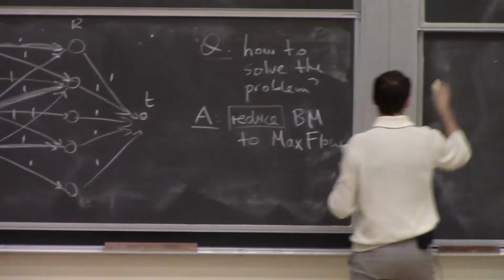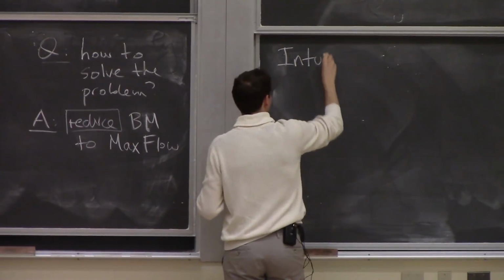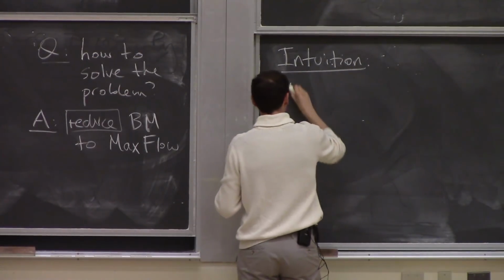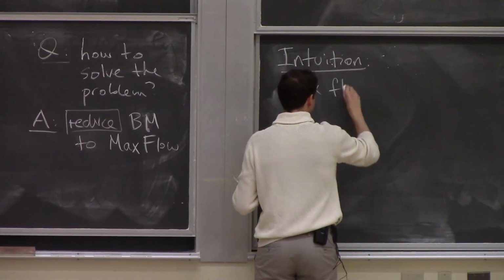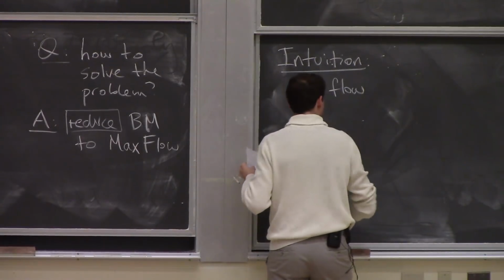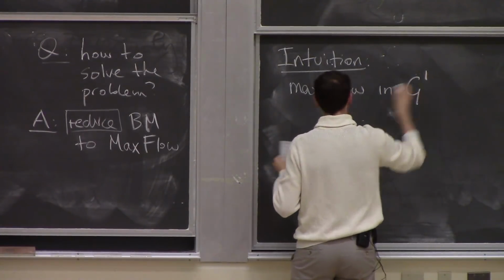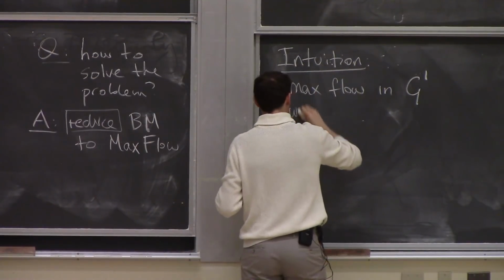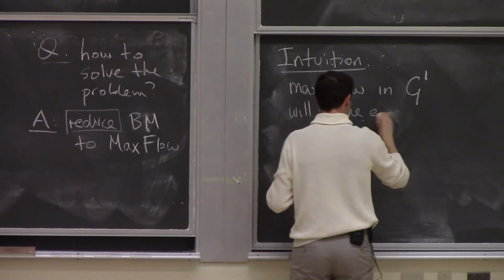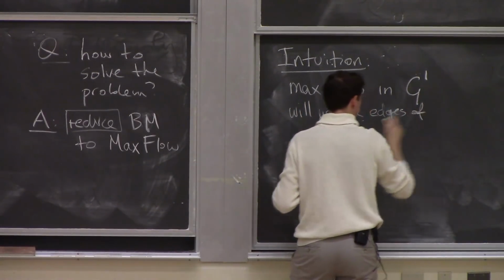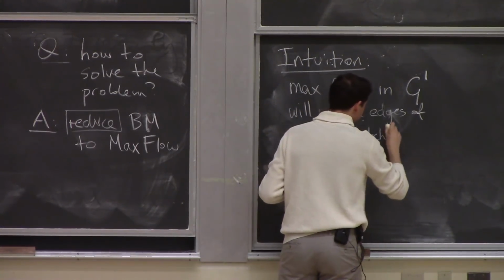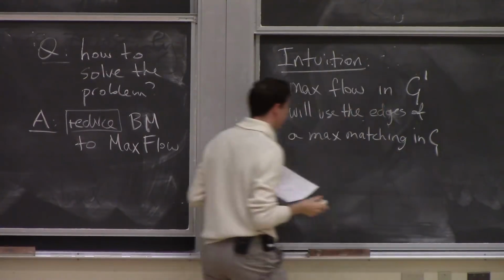So why can we do this? So the intuition is that the max flow in G prime, which is the graph that we constructed, will use the edges of a maximum matching in G, okay?